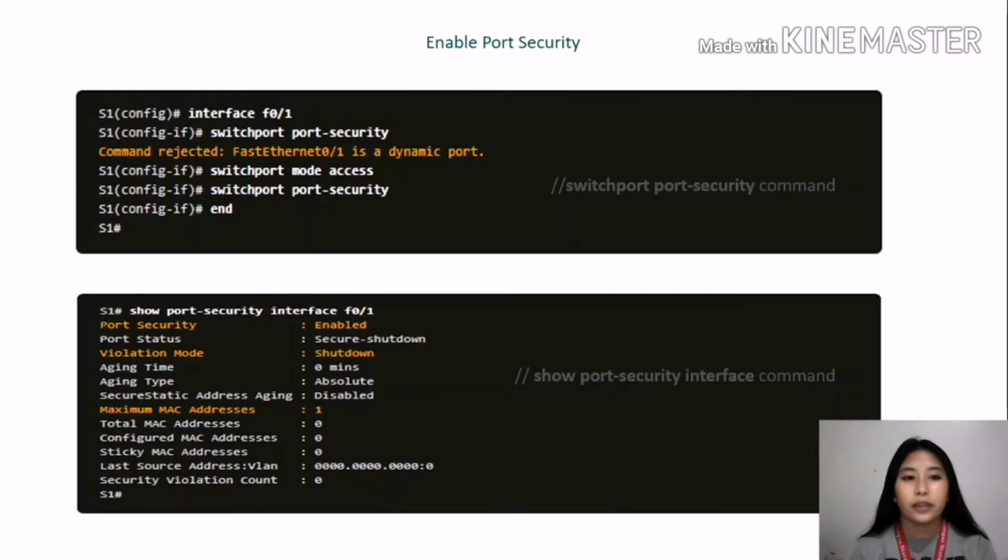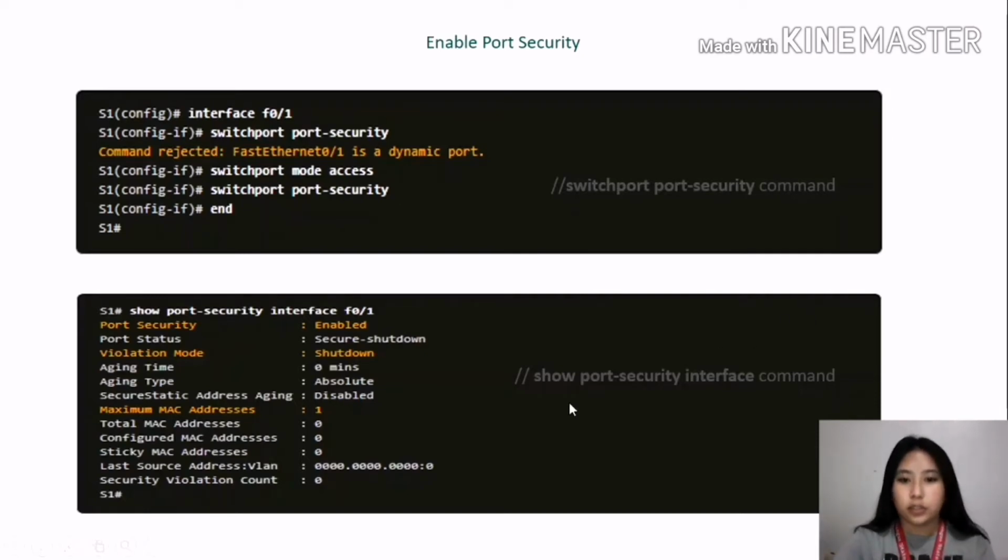By default, Layer 2 switch ports are set to dynamic auto, or trunking on. Therefore, in the example, the port is configured with the switchport mode access interface configuration command, and then the switchport port-security command.